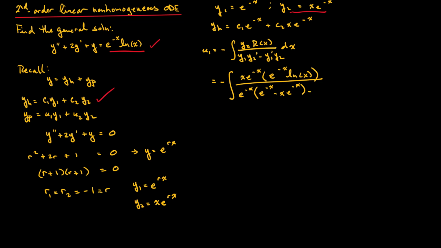Then we have minus the first derivative of y1, which will be equal to negative e to the negative x, multiplied by y2, which is x e to the negative x.